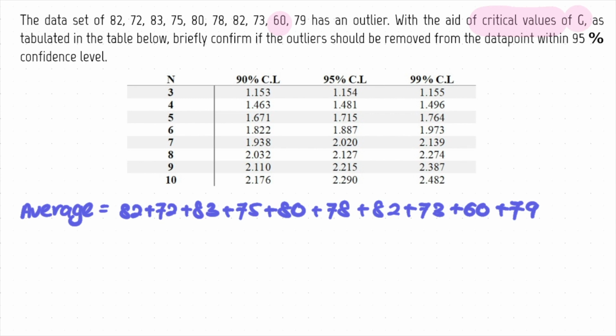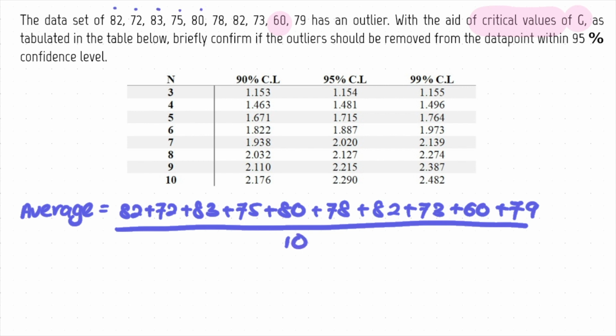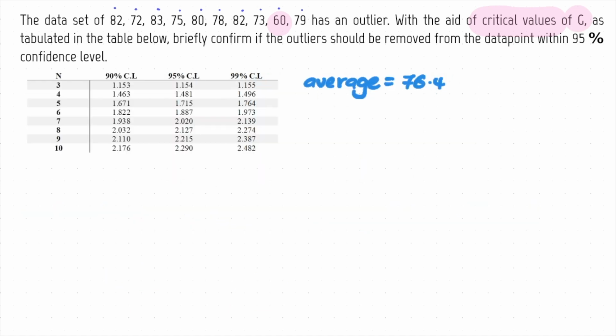You need to divide this value by 10 because you have 10 values altogether: 1, 2, 3, 4, 5, 6, 7, 8, 9, 10. So 764 divided by 10, hence you should get 76.4. So this is your average.